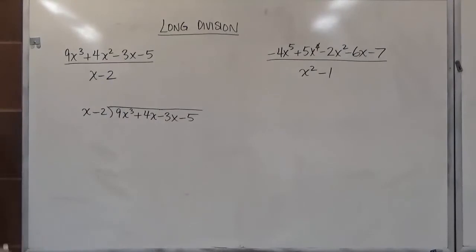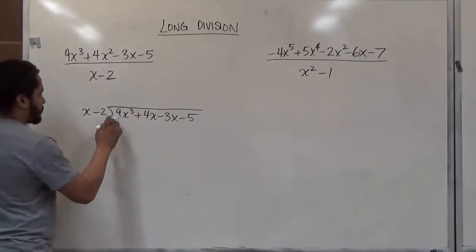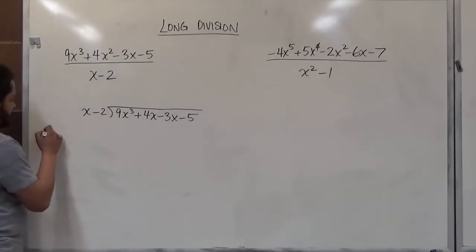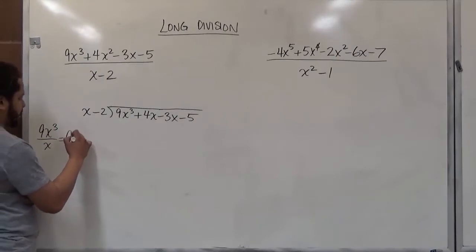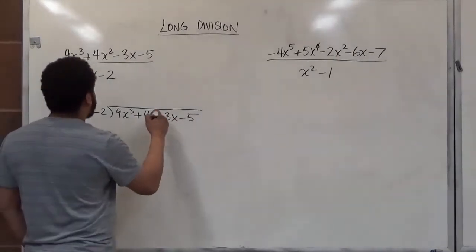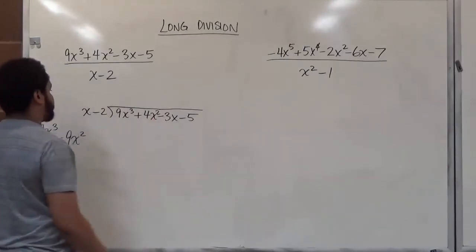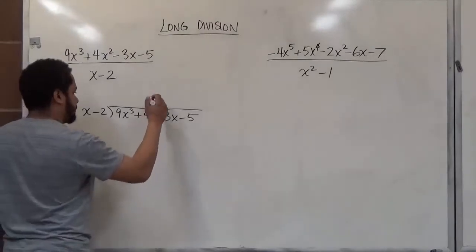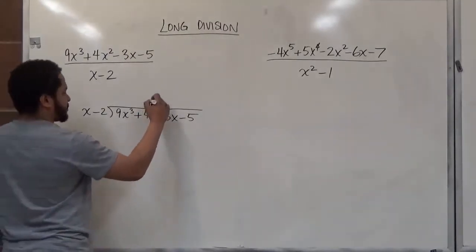Now again, the routine for this is to take the quotient of the leading term with the leading divisor term. So 9x cubed divided by x is 9x squared. Now this is the quotient for the first term, which we're going to put exactly over the x squared term, which is the 4x squared term. Sorry, I missed the 2 there again. So right above this, we're going to put the 9x squared here.